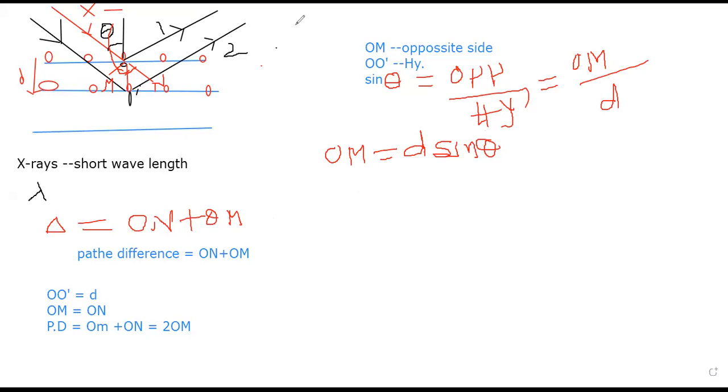So this is the path difference for one ray.